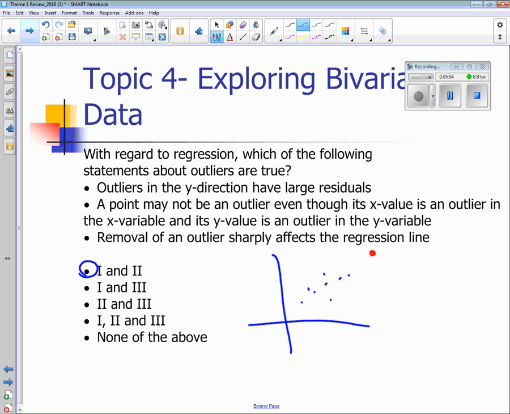Would you agree? It's not going to affect the slope of the line very much if I take it out. However, isn't that going to sharply increase it? The red dot here is called an influential point. Would you agree? A little different. So that's why this is not the correct answer.